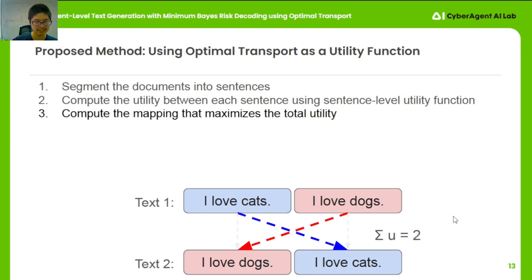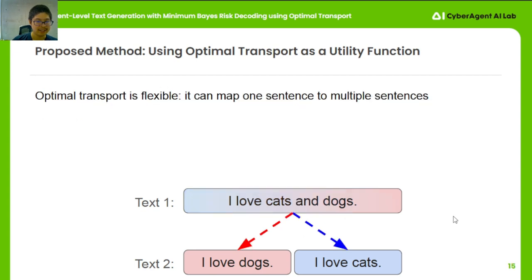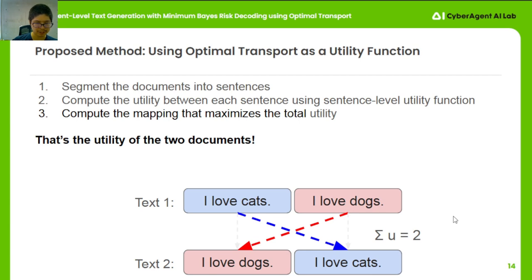In this case, if you map "I love cats" to "I love cats," that's the same text, so you get a utility of 1, and in total you get a utility of 2, which is the optimal. So that is the utility of the 2 documents. That's the definition.